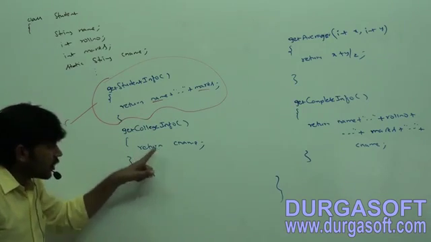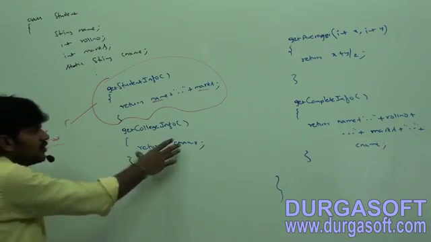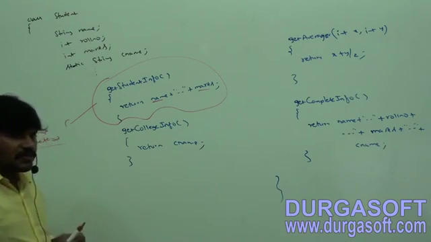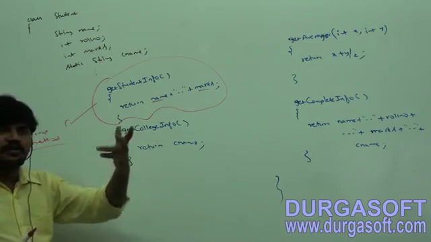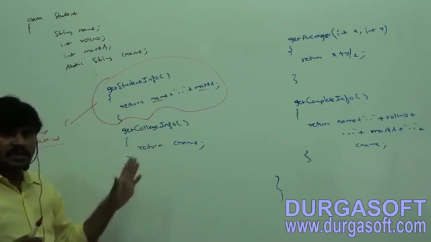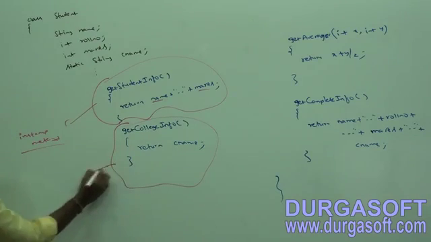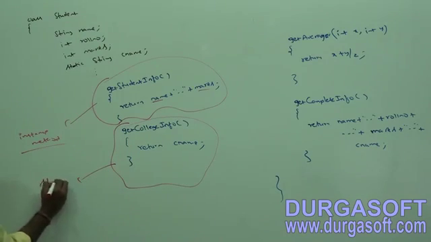I am using a static variable. Of course, am I using any instance variable? No. If I am not using any instance variable, whether we are using a static variable or not, this method should be a static method, right?